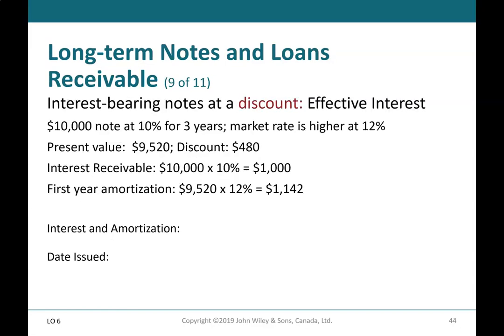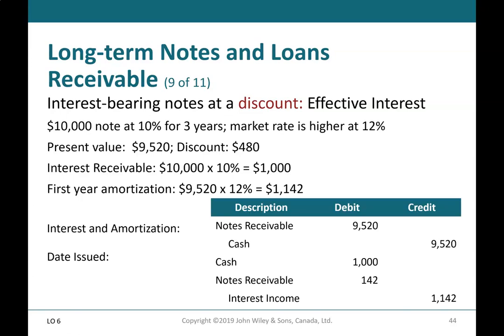Long-term notes and loans receivable, 9 of 11. Interest-bearing notes at a discount, effective interest. $10,000 note at 10% for 3 years. Market rate is higher at 12%. The present value is $9,520 and the discount is $480. The interest receivable at the stated rate of interest is $1,000 and the first year amortization is $1,142.